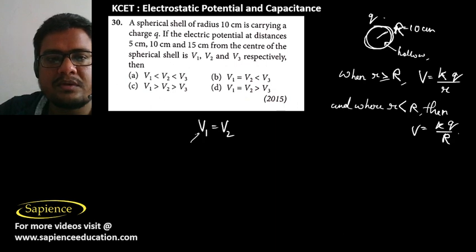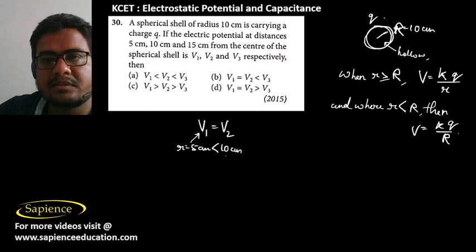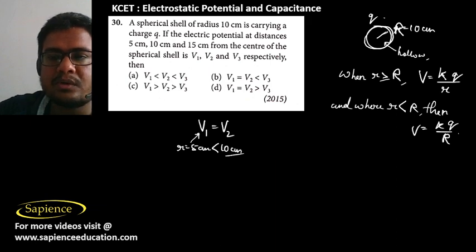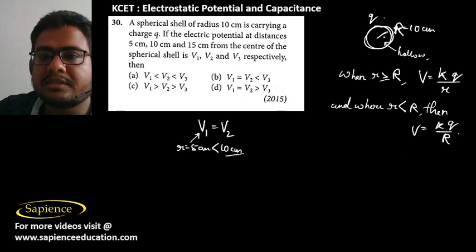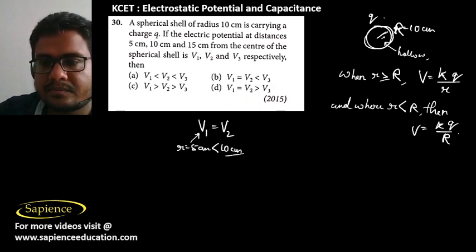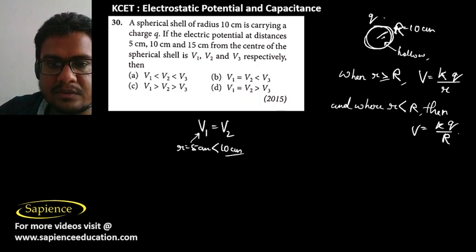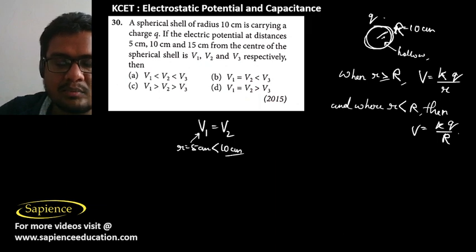For V1, r is equal to 5 centimeter, which is less than 10 centimeter, since 10 centimeter is R. So at any point inside the hollow spherical shell, the electric potential is the same as that on the surface. V2 is the electric potential on the surface, so it will be the same as that at any point inside.